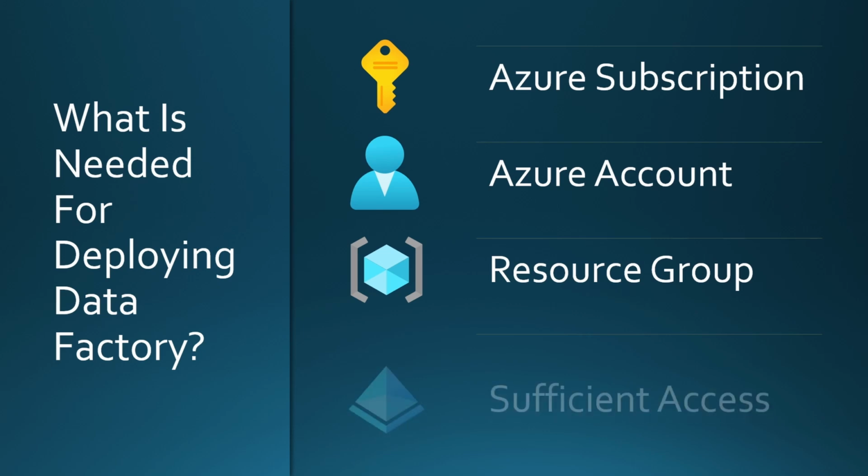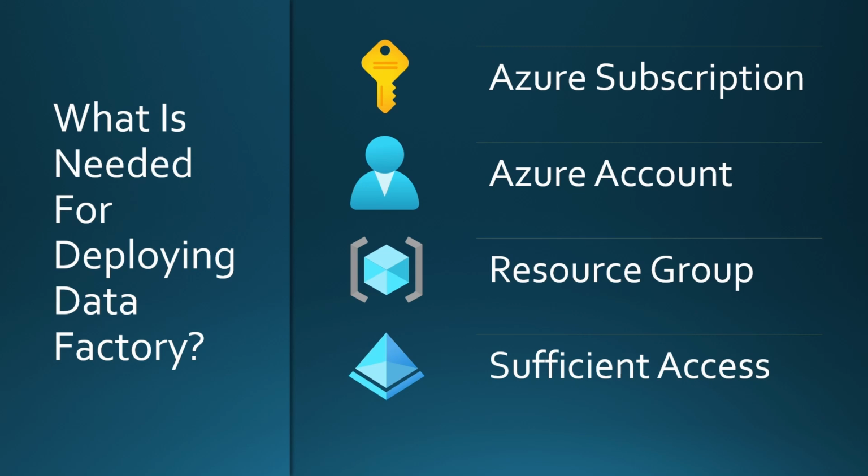And the last thing that you would need is sufficient access to be able to create the Data Factory. But if that is your own Azure environment, then that shouldn't be an issue. Now we have covered the very basics of Azure Data Factory and we have a core understanding of what kind of tool it is. So the next step is to deploy Azure Data Factory to our Azure subscription.